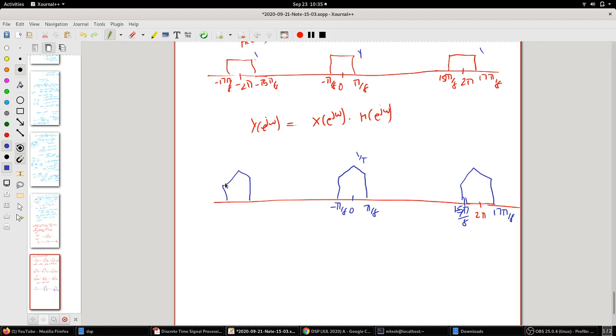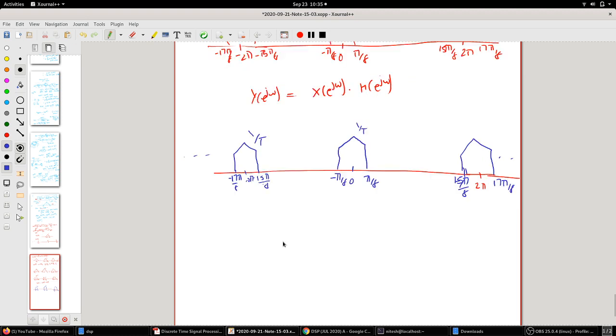This is 1 by t maximum value, and this is minus 17 pi by 8. This is minus 15 pi by 8. This is minus 2 pi. So these are the values. This is the spectrum which you will get. Now this will continue every 2 pi. So at 4 pi also you will have a repetition, minus 4 pi that will be a repetition, 6 pi that will be a repetition, and so on.